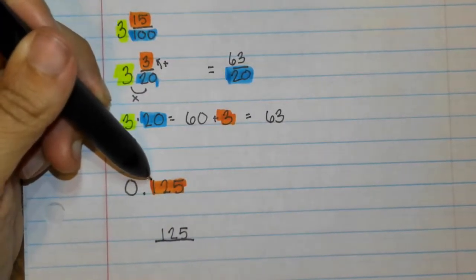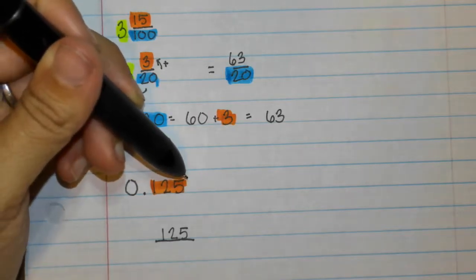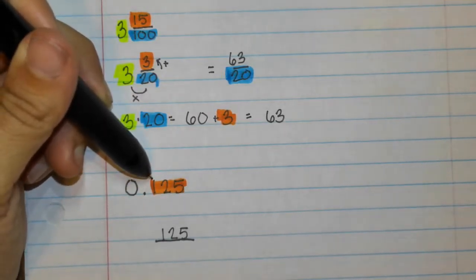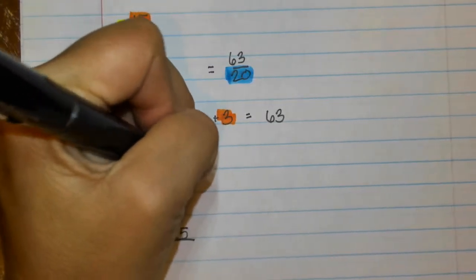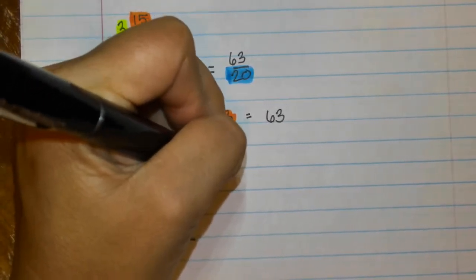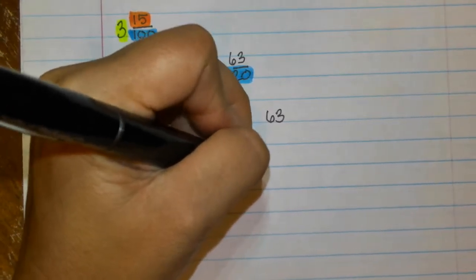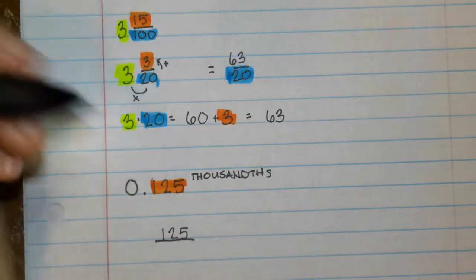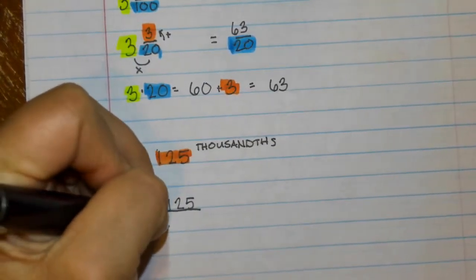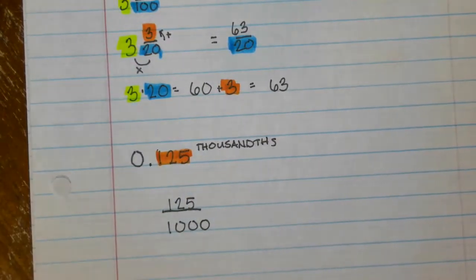And how many digits are to the right of the decimal? I mean my tenths, hundredths, thousandths. So this decimal is in the thousandths place. That means I'm going to put 125 over 1,000.